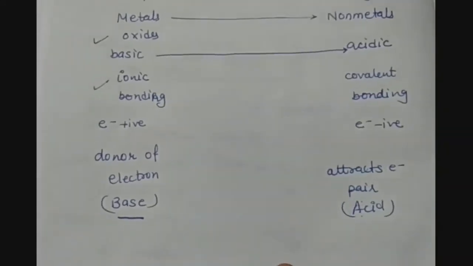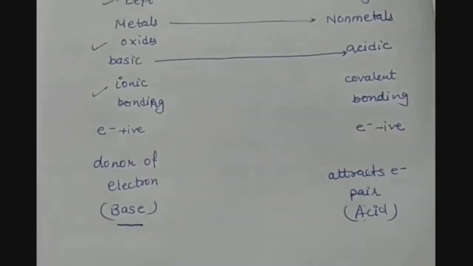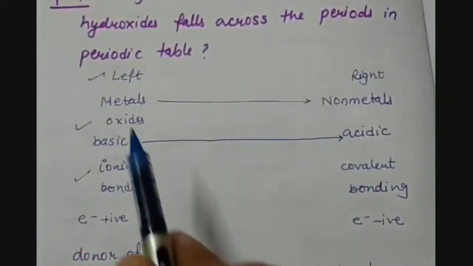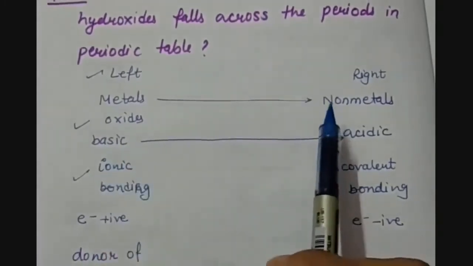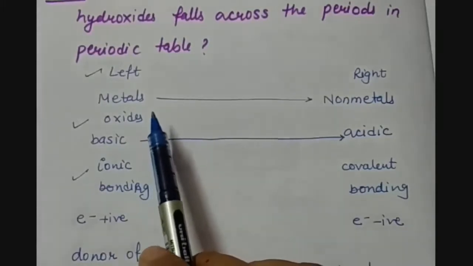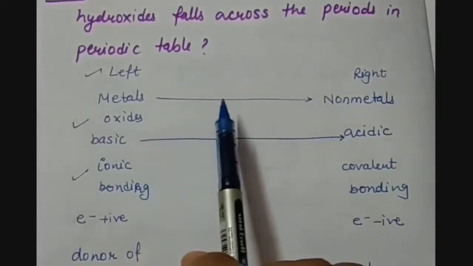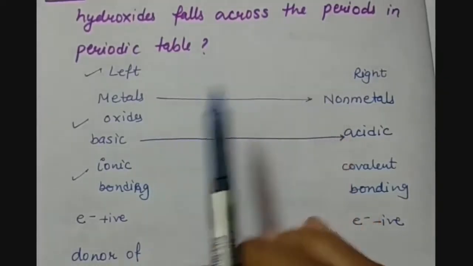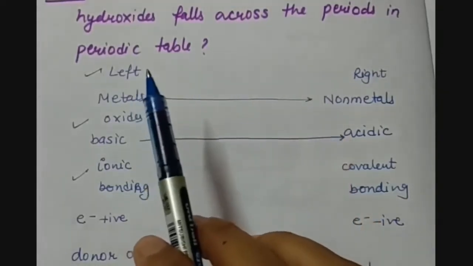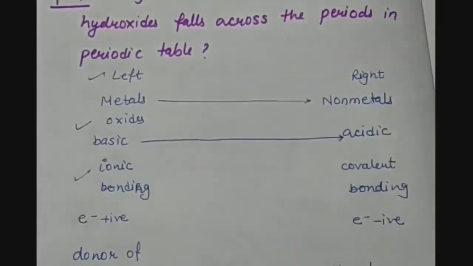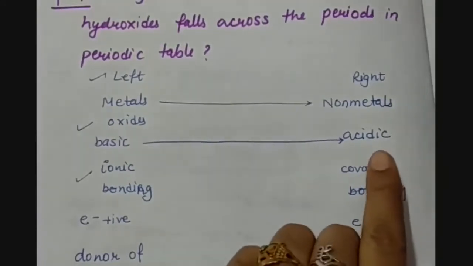So on the basis of all these points, we can say that as we go from left to right, from metals to non-metals, what happens? Metallic character decreases and non-metallic character of the elements increases. So we are going from metals to non-metals, and we know that metal oxides are basic in nature and non-metal oxides are acidic in nature.